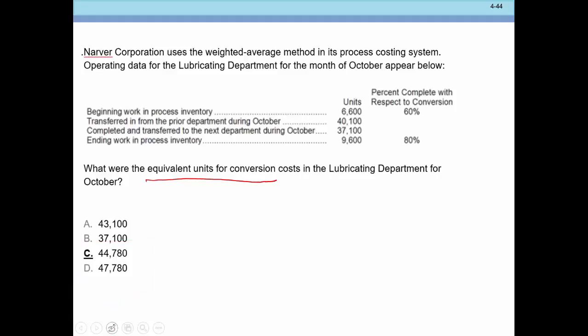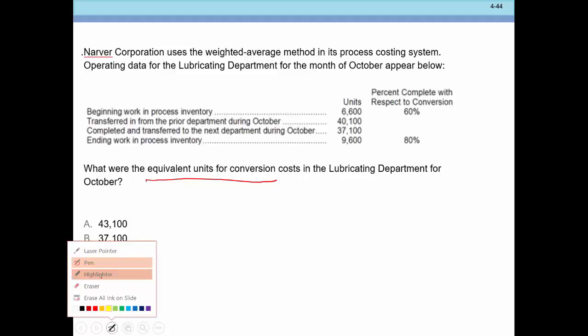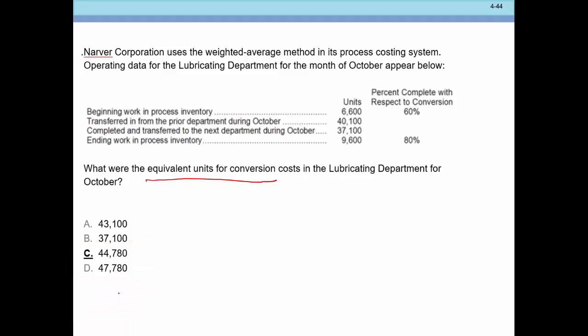Yes, sir. Beautiful. The 37,100, I'm picking that up right out of the gate because I know those units were completed and transferred out, right? So all those units were done. Good. So I go ahead and pick that up.